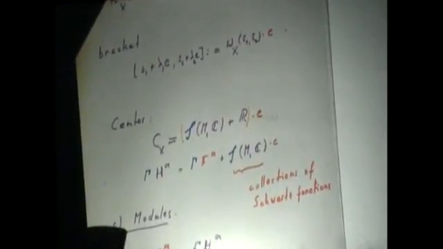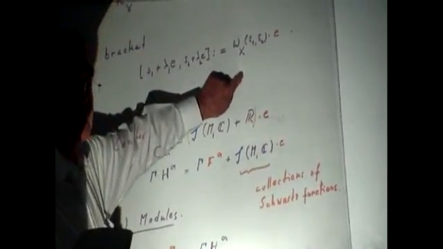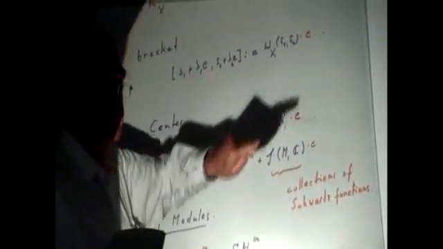Again, this very big center here. See, the brackets are just made up by the symplectic structure, from which eventually the canonical commutation relations stem off. That's where these canonical commutation relations are hidden.